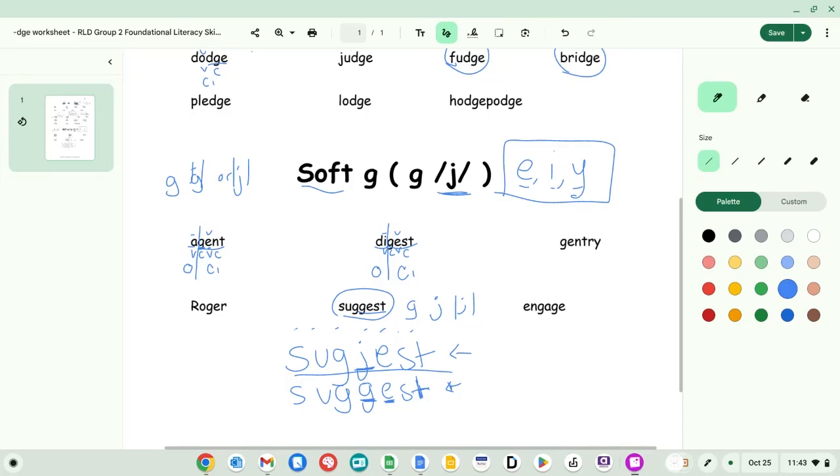But both of these, you want your students to start to try, that they could both fit the sound, but which one is the best spelling is suggest. And it's interesting when I ask my students to spell these, they would spell them both, and when they see them both next to each other, they usually do pick the one that they've seen before and they've heard the most.